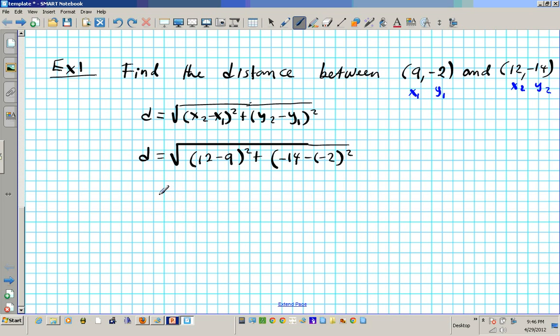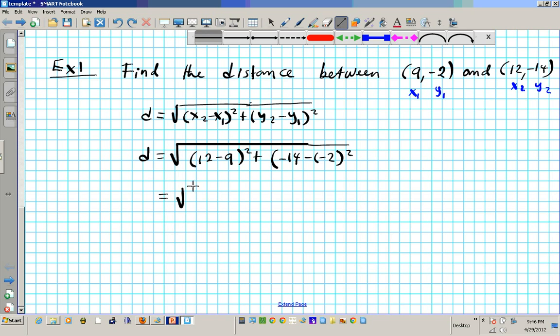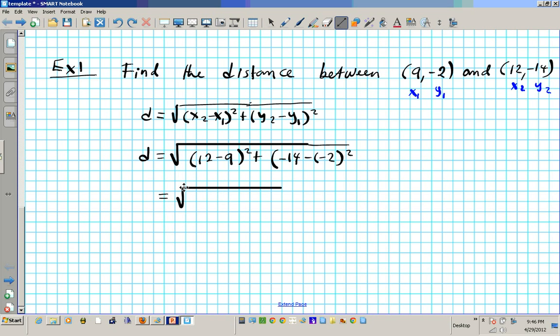Alright, now we're going to use the properties of arithmetic to simplify this. So we're now going to have the square root of 12 minus 9 is simply 3. 3 squared plus, I'll put a parenthesis here. This minus and this minus makes this a plus. So minus 14 plus 2 is going to be negative 12. Negative 12 squared.